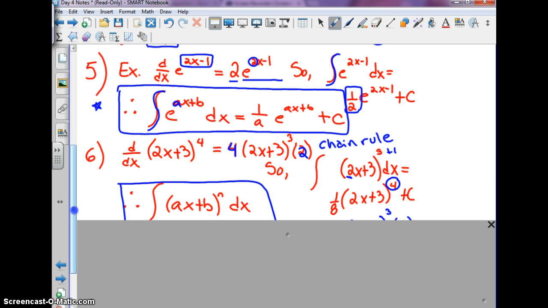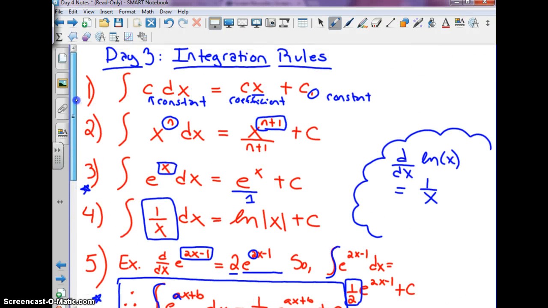So let's see, I'm going to add one more step in here. So 2x plus 3 raised to the 4th power. I want to divide by the derivative of the inside, but I not only want to divide by the derivative of the inside, I also want to divide by the exponent. Okay? Think back to rule number 2.